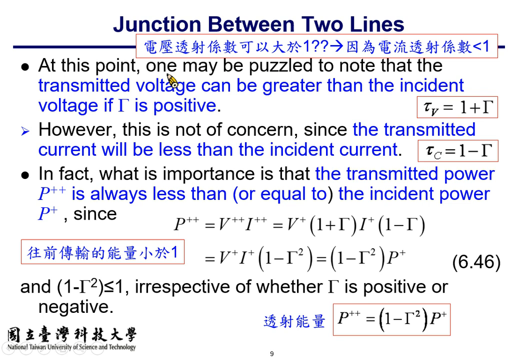So you can replace this with P plus, and in the parentheses you have 1 minus gamma squared, taking the magnitude, so you subtract the magnitude of the reflected signal. This is the incident power, and this is the reflected power. So the difference between incident power and reflected power is the transmitted power.